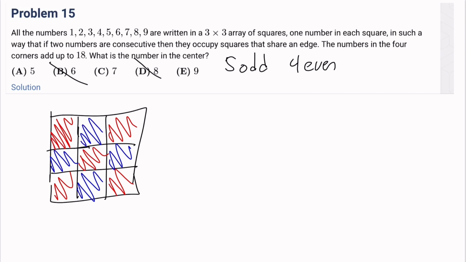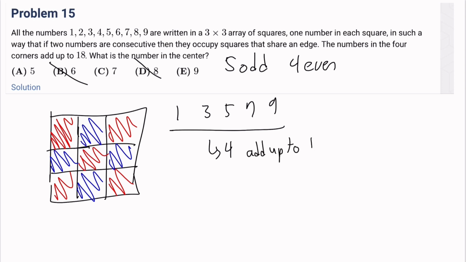And now we take a look at our last condition. The numbers in the four corners add up to 18, right? And so from our 5 odd numbers, 1, 3, 5, 7, 9, 4 of them must add up to 18, right?